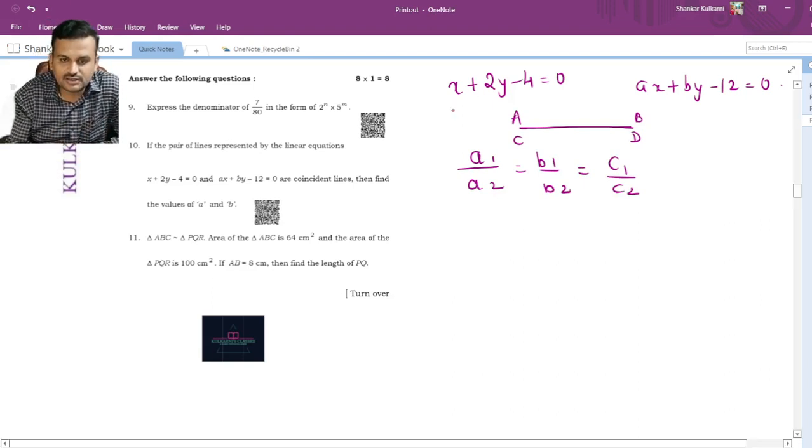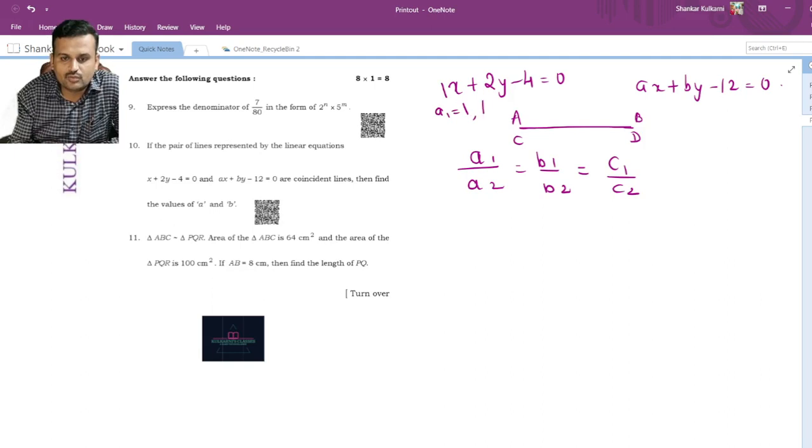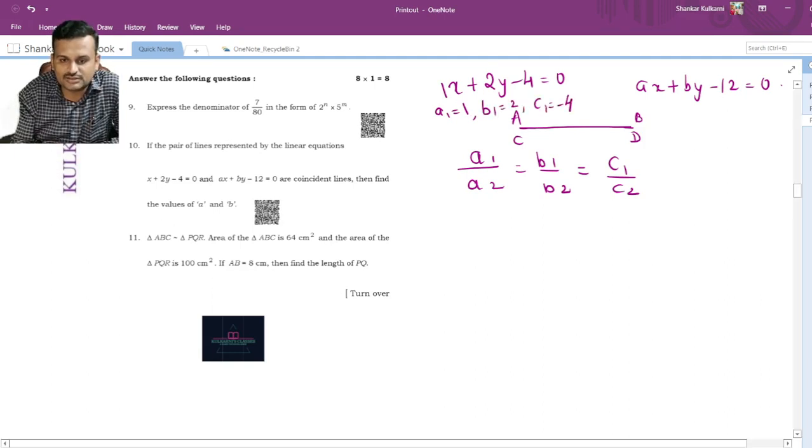So here in the given equations, now see what is a1? a1 equal to 1 because nothing is there means 1. What is b1? b1 equal to 2 and c1 equal to minus 4.